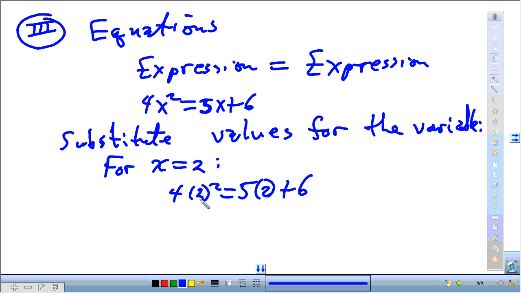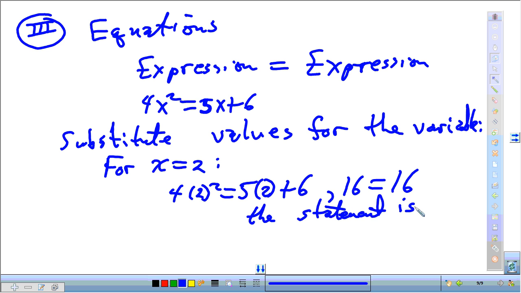I compute this. On the left side of the equal I have 16. On the right side of the equal I get 10 plus 6, also 16. So the statement with that particular substitution is true.